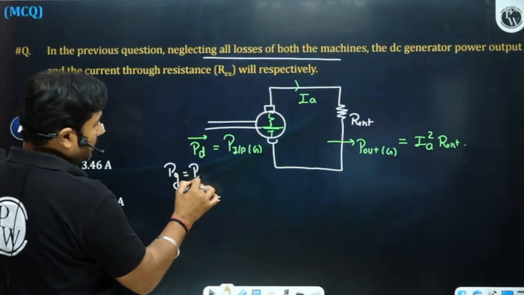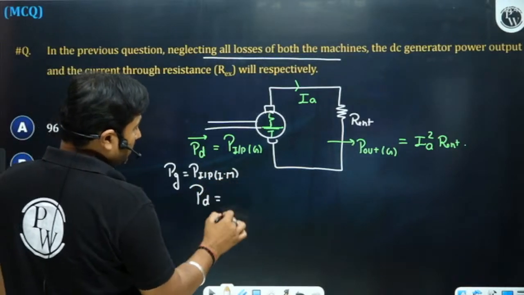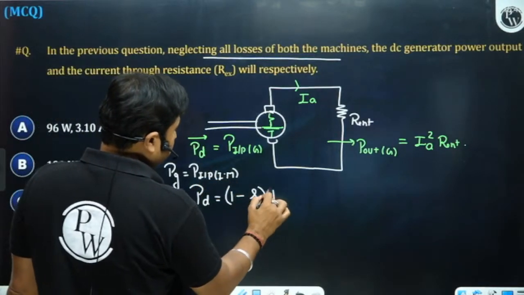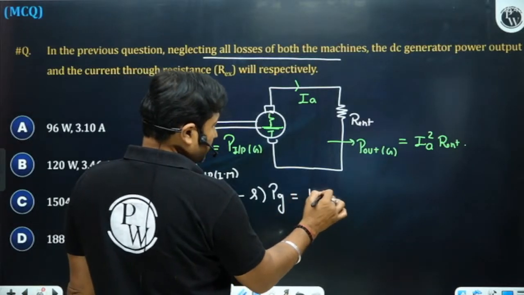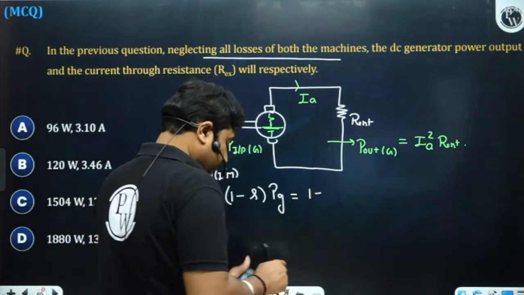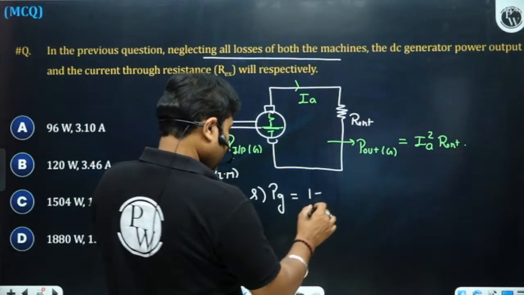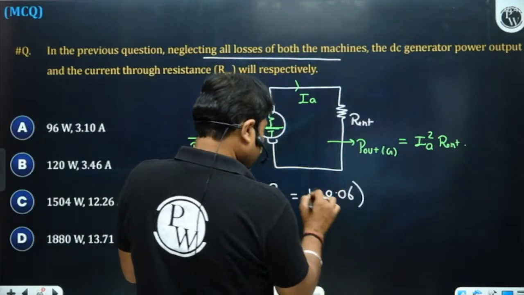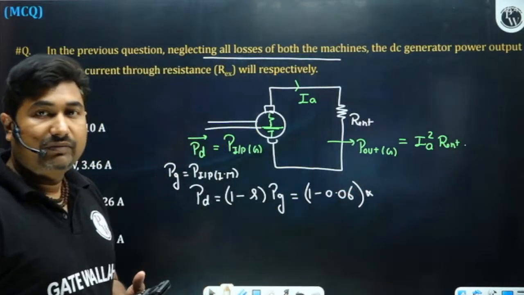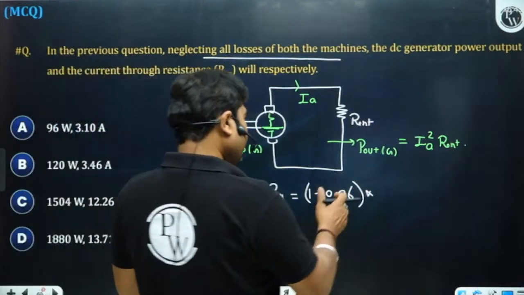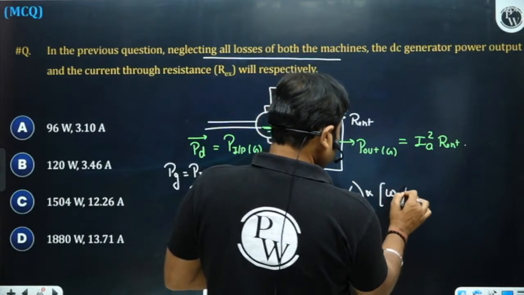So you can write the developed power as 1 minus S times P_G. The slip is 0.06, since 1500 minus 1410 divided by 1500 is 0.06, and W1 plus W2 is the air gap power.